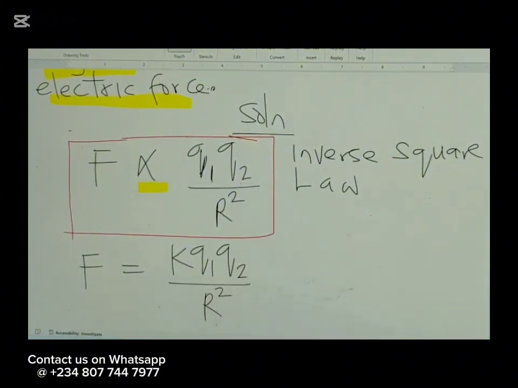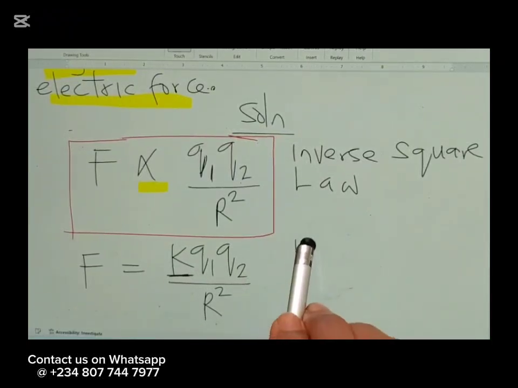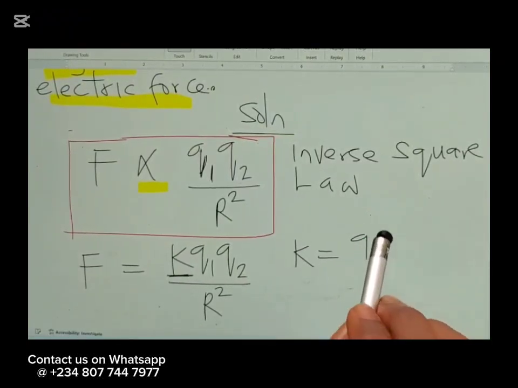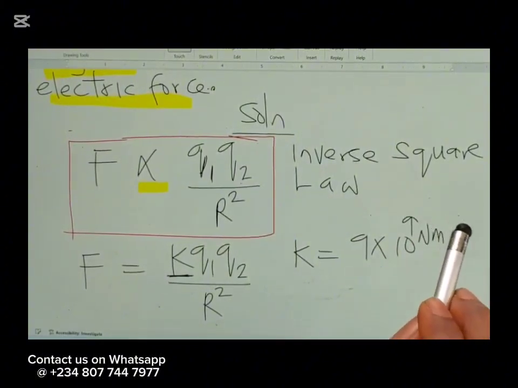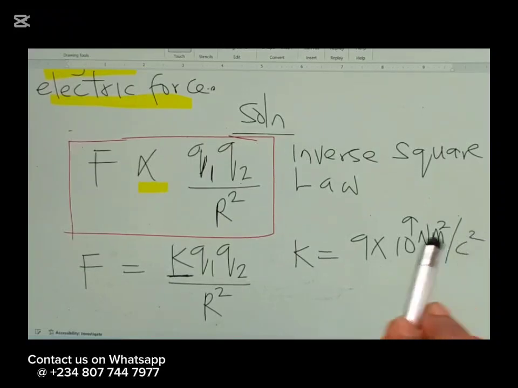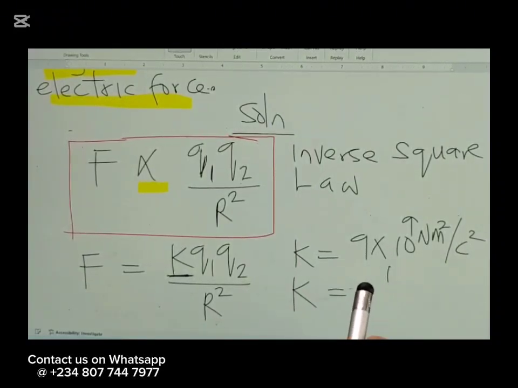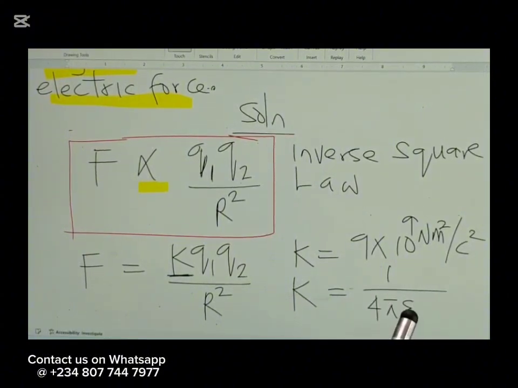R square. This K has an expression and a constant value. The value of K is 9 times 10 raised to the power of 9 Newton meter square per coulomb square, while the expression of K is 1 over 4 pi epsilon naught.